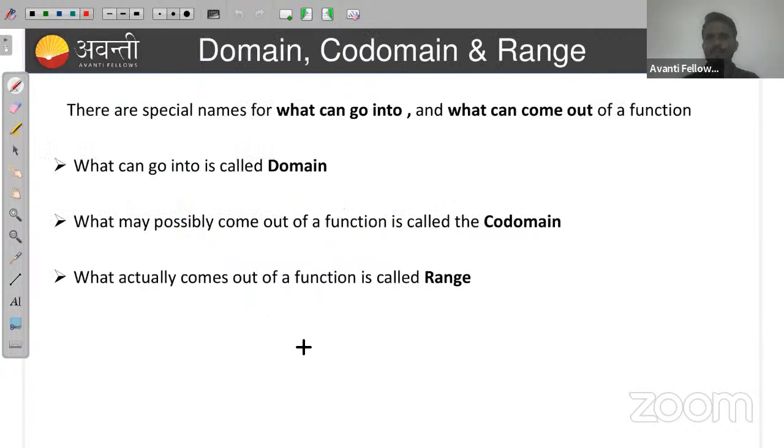Now next we'll come to the domain, codomain, and range. In a very simple language, this generally works for every function. As I told you, treat a function as a machine. What can go into the machine?